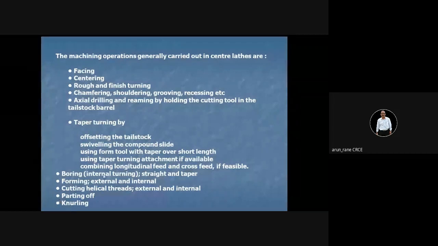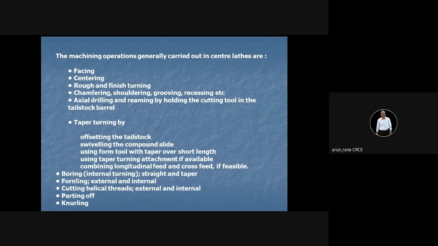Then next is boring. Boring is enlarging an existing hole. That is, you have drilled a hole. Suppose my bore size or hole size is say 35.67. You cannot drill 35.67, as that drill is not available.